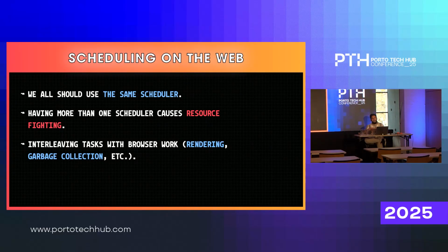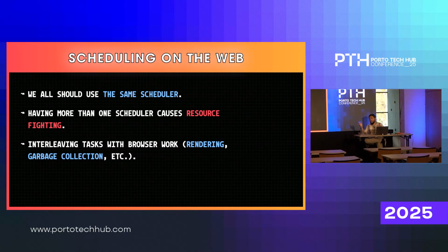Again, I know that it doesn't happen often that you have 2 major UI libraries or frameworks running all together, but it actually can happen. And you can run into resource fighting, or when you have state managed by something that's not React, you can also have resource fighting or race conditions or anything like that.